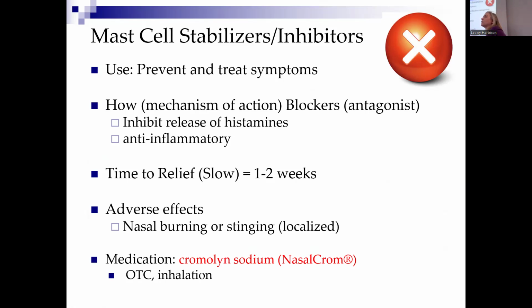I worked with a lady who was allergic to Christmas trees, the pollen of fir trees, so she could never have a real Christmas tree in her house. So anyways, you want to start it earlier because it doesn't work right away.